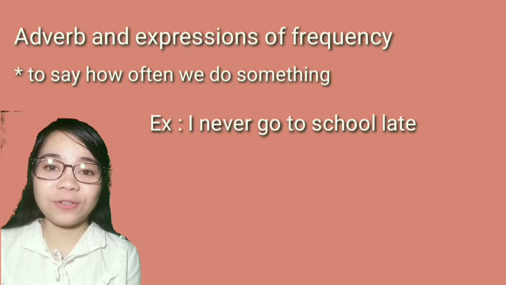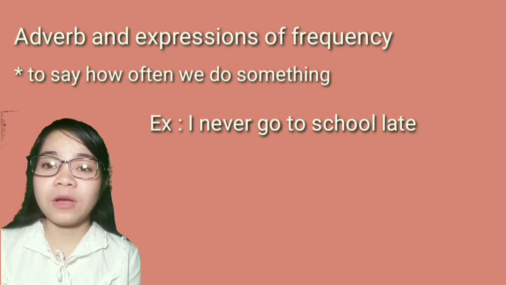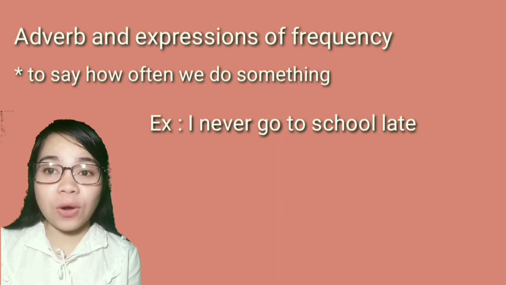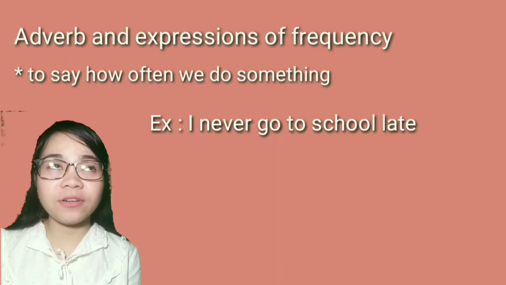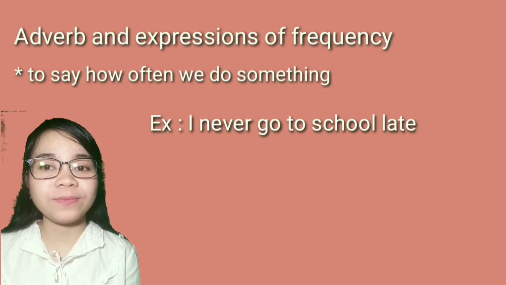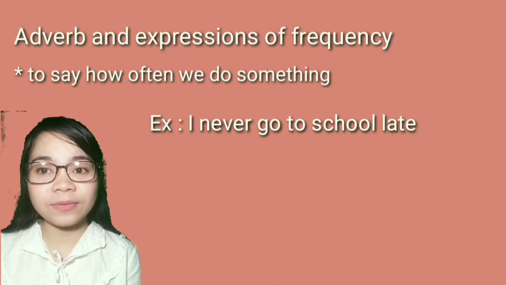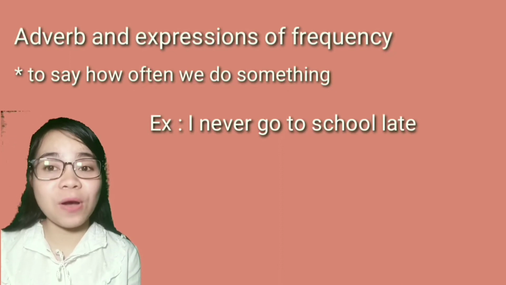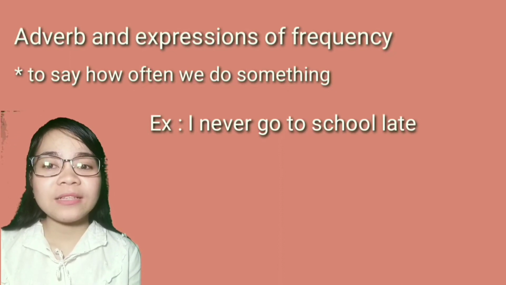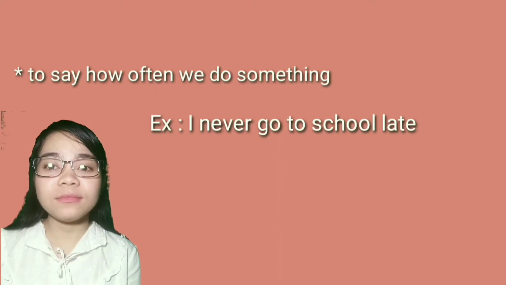I never go to school late. Never goes before the main verb, the word go. I never go. I always go. I rarely go. I sometimes go. So always goes before the main verb.